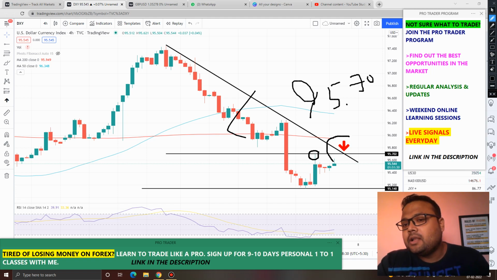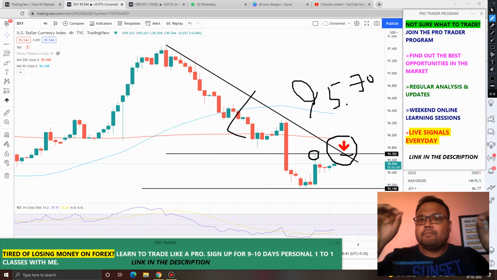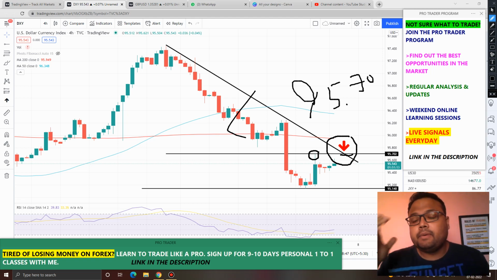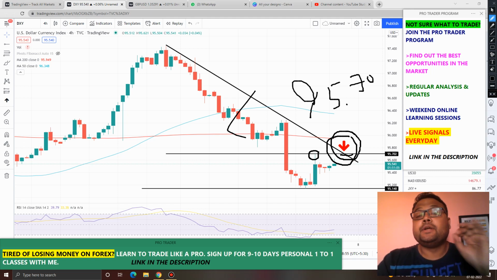So if we combine all the factors here, if we find DXY around this level at 95.70, it will be very difficult for the US dollar DXY to cross the level. There is a possibility that DXY will be coming down again, because here we have a strong possibility of resistance, a strong possibility of DXY facing some selling pressure again.